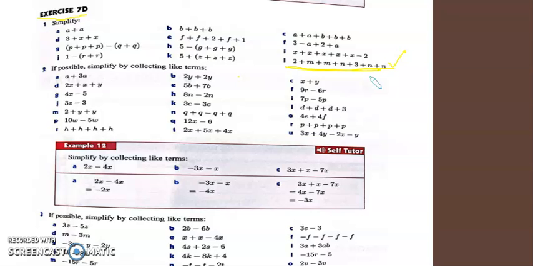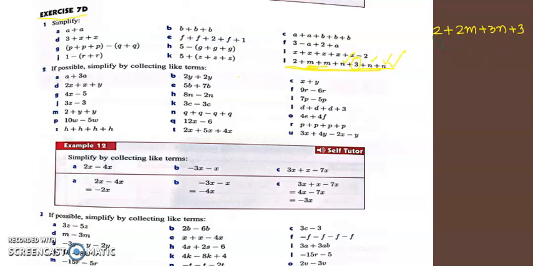This is 2 plus m plus m. So how many m? 2 plus 2m, and then n. N is there, n is there, n is there, so total 3n. So write 3n, and there is 3 also, so write 3.